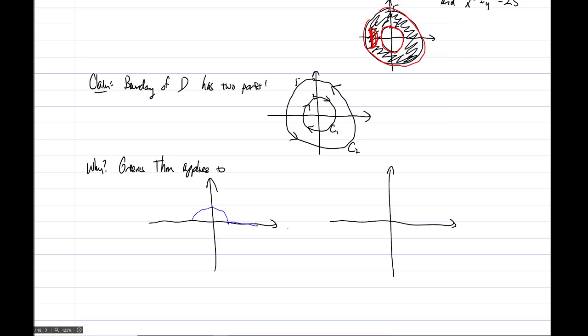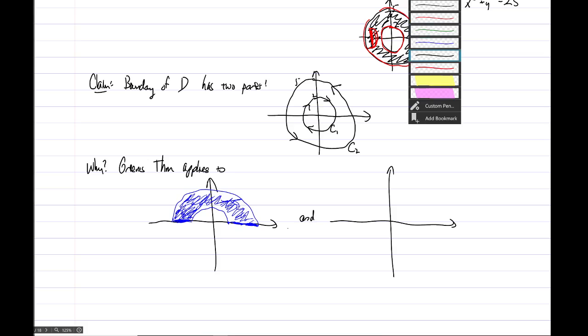This filled in region here has no holes. There's a little cavity in here, I get that, but there's no hole here.